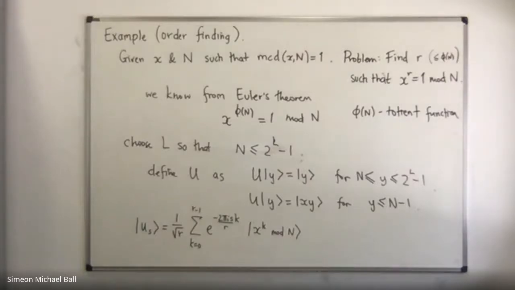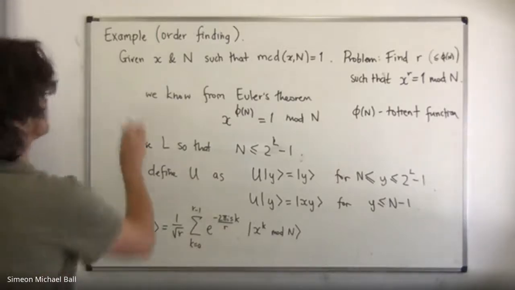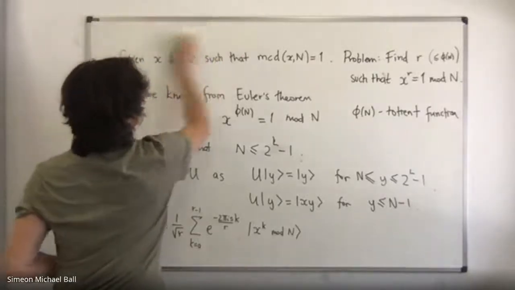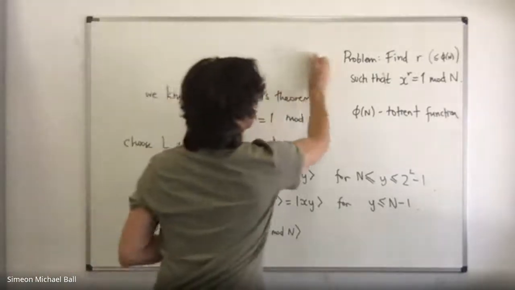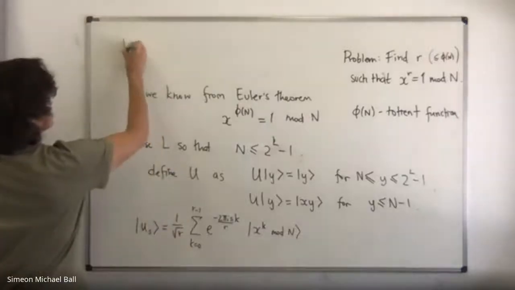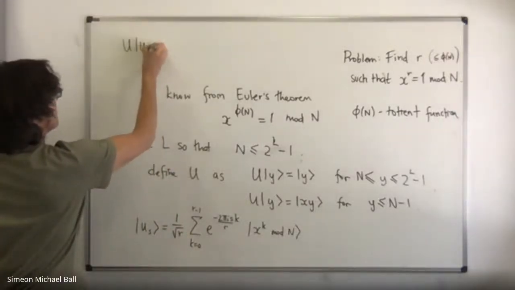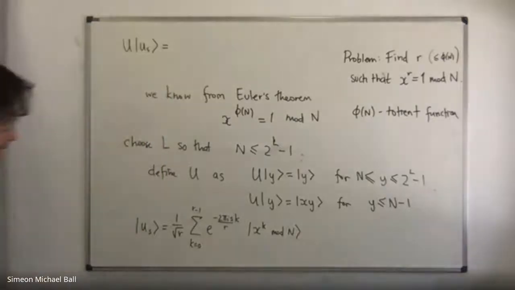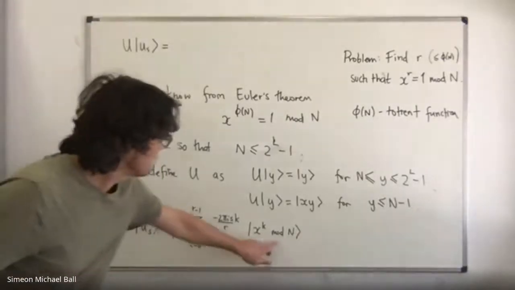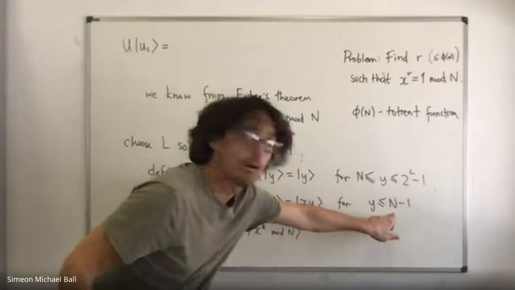I claim this is an eigenstate of U. So what happens if we apply U to this? Well, all these x to the k modulo n's will be less than n minus 1.